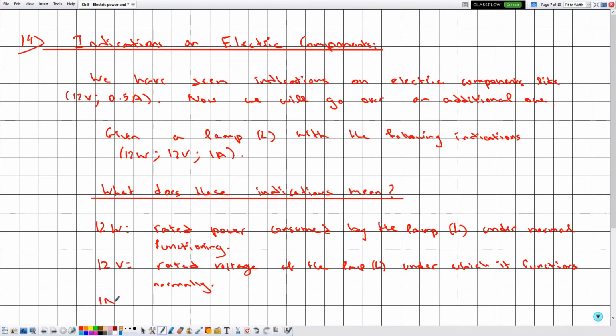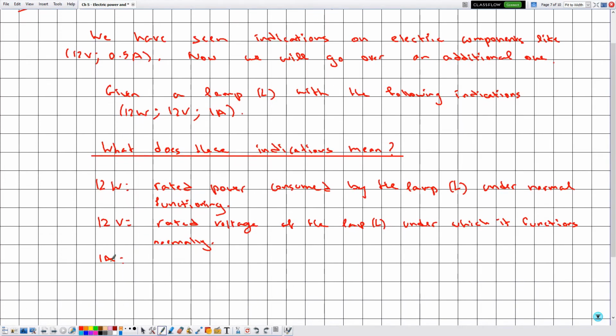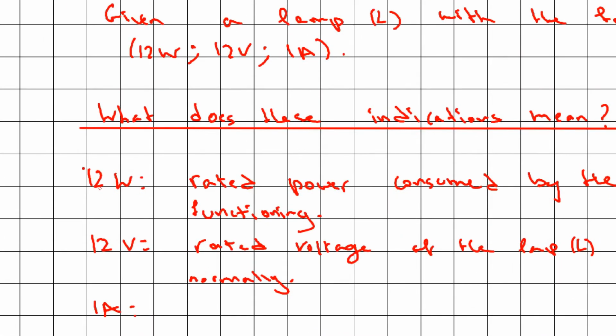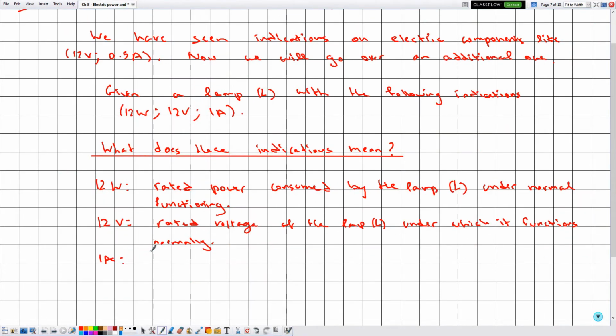And 1 ampere, what does it represent? It carries the unit amperes, which means the rated current. So recall also the 12 watts is the rated power because it carries the unit of power, which is watts. So rated current functions normally.